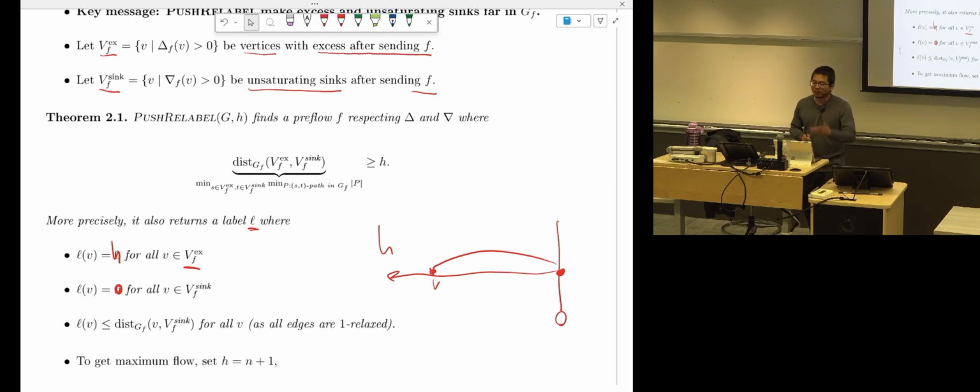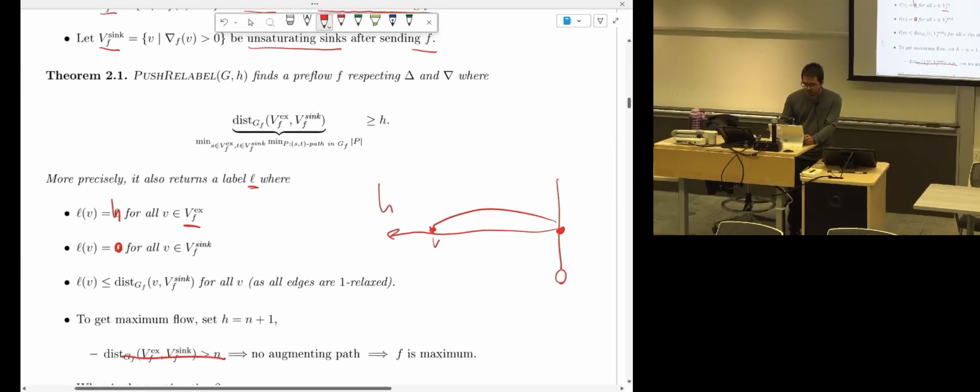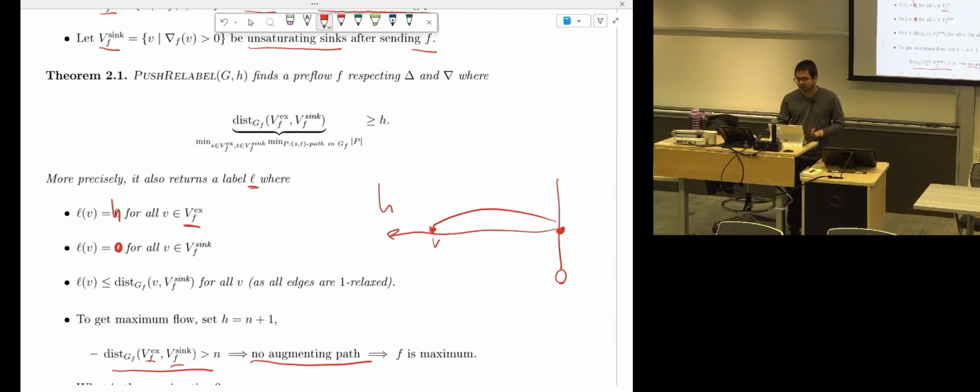There's no way to go, right? So if the distance is more than n, there's no path from excess to sink. That is, there's no shortest path, no augmenting path. If there is no augmenting path, it just means that f is maximum.